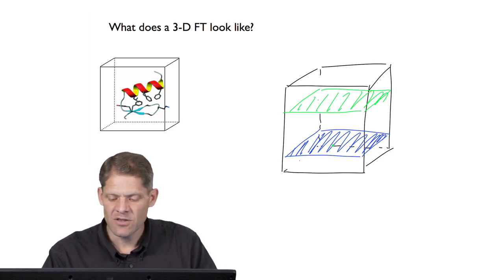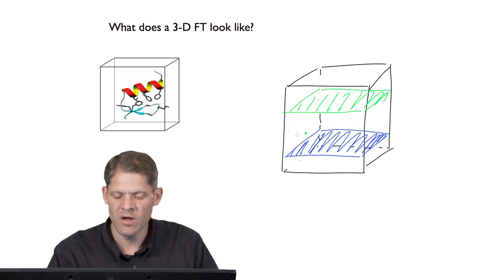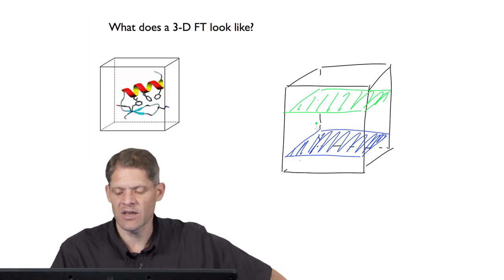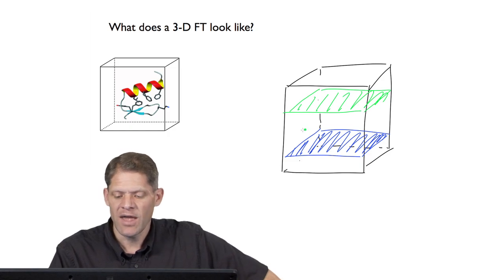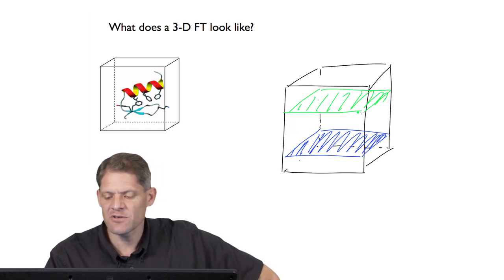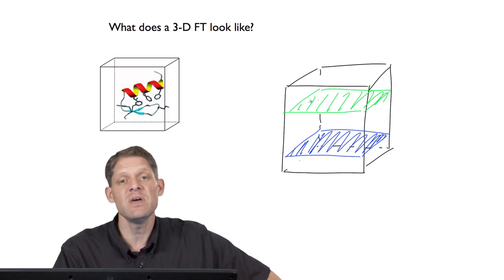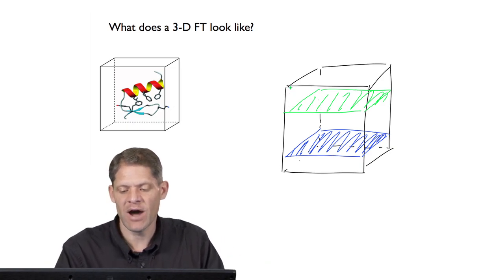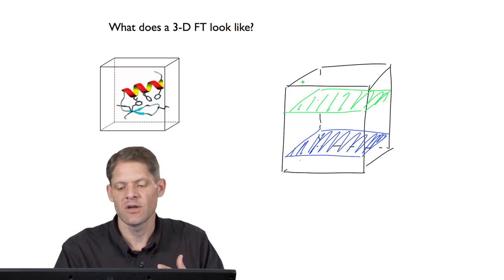Then as you look into pixels that are approaching the midplane of this cube, the value of that sine wave again approaches 0. And then as you move higher in z, now the values of the function reach a minimum, -1, and as we go higher, eventually they reach back to 0.